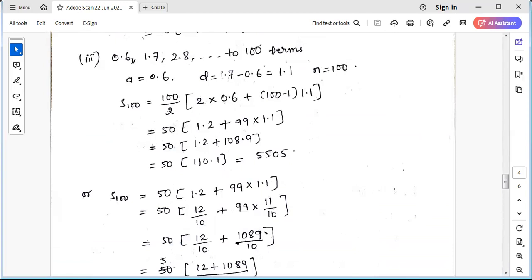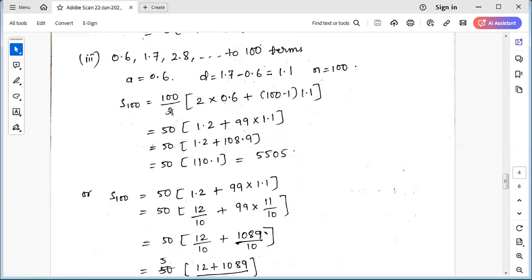The terms are like this: 0.6, 1.7, 2.8, and so on, up to 100 terms. The first term is 0.6, and the common difference is 1.7 minus 0.6, which gives 1.1, and n is equal to 100. So put it into the sum formula.